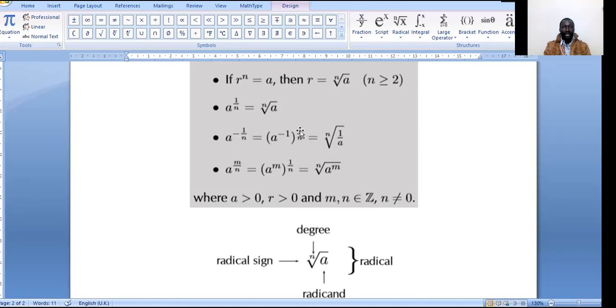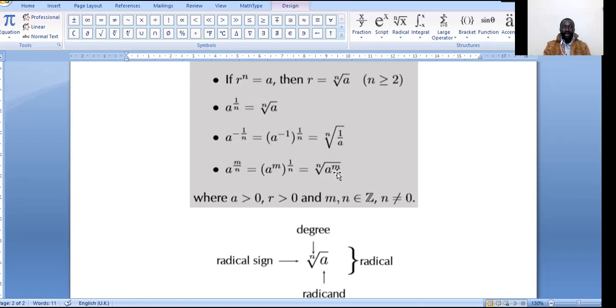We can still simplify this because we had already seen that 1 over n means the nth root. a raised to power negative 1 is the same as 1 over a. And the last part we don't want to miss is this: a raised to power m over n can be simplified as a raised to power m with 1 over n outside the bracket, and this is known as the nth root of a raised to power m.